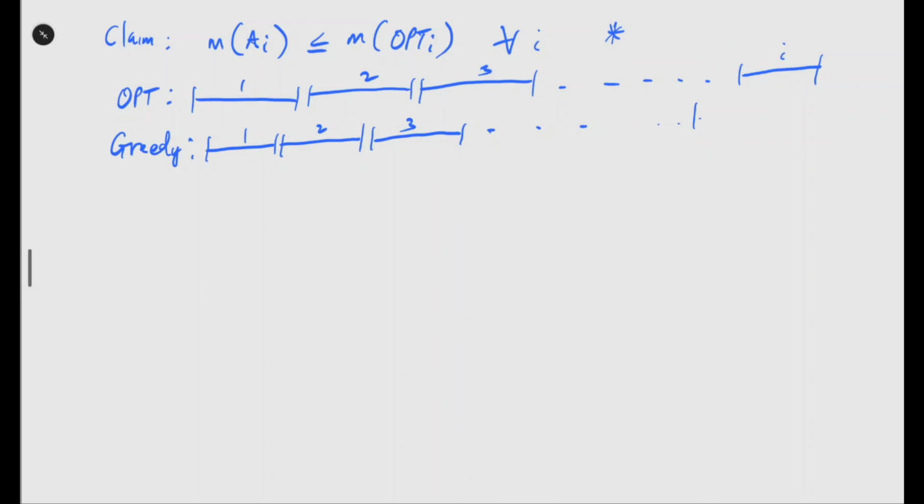And by the time you get to the ith, the greedy also finishes faster. So you have M of greedy i and M of OPT i. This is just an illustration of our claim.